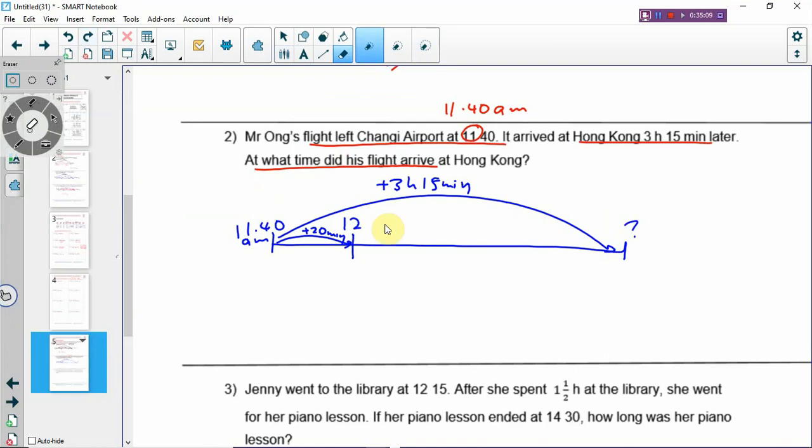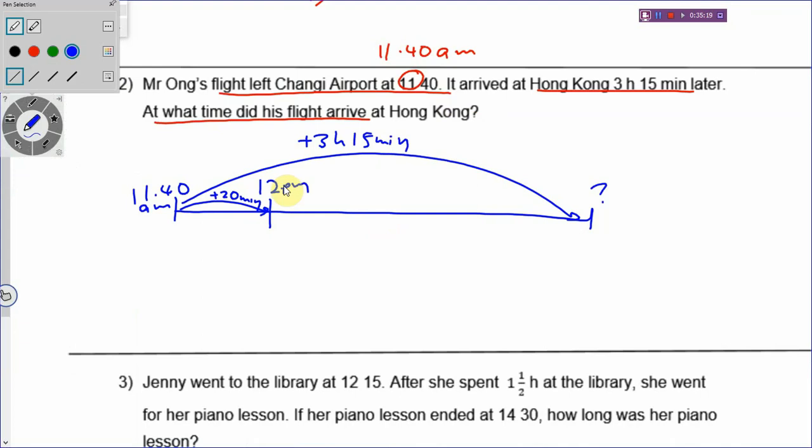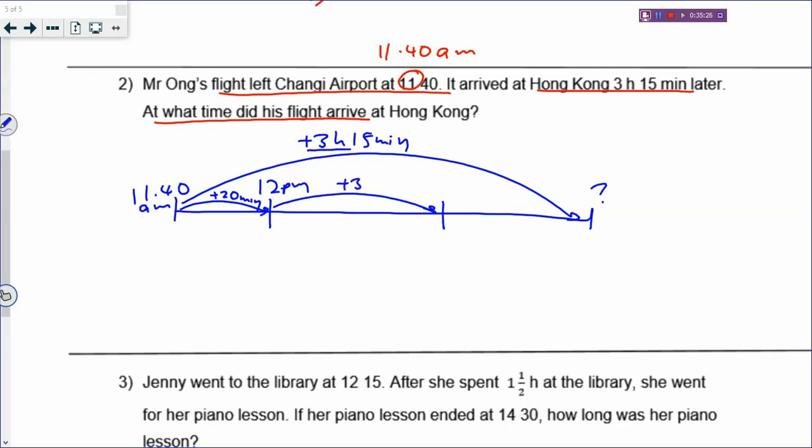So 11:40 AM plus 20 minutes later will be 12 PM. So be very careful, it's not 12 AM. Then after that, you add 3 hours, and you will get 3 PM.